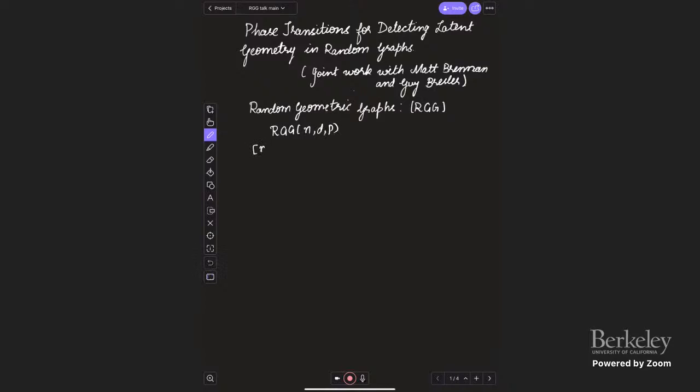We'll consider n to be the set of vertices, d is the latent dimension, and p is the probability of including an edge.